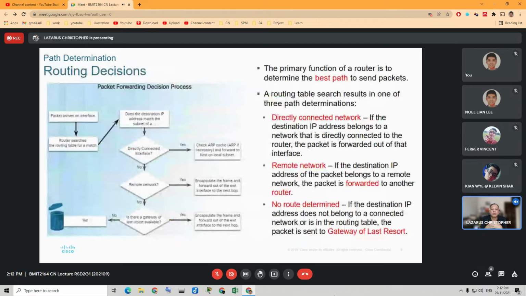Let's look at the routing decision. The router is actually very logical, and here we see a flow chart. A flow chart is a systematic way of considering the logic of decision making, very similar to the flow chart for your program. When your program has to make a decision, the result of the decision allows it to proceed.